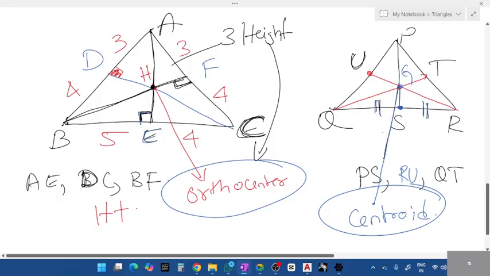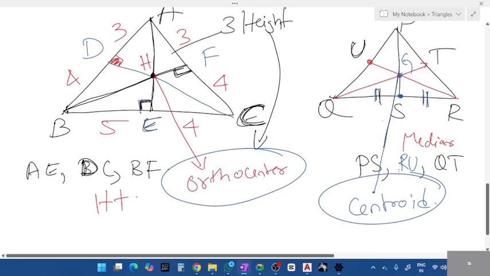What about centroid? What are these lines? PS, RU, and QT. Correct, medians. When all three medians meet at a common point, we call it centroid. Height, orthocenter; median, centroid.